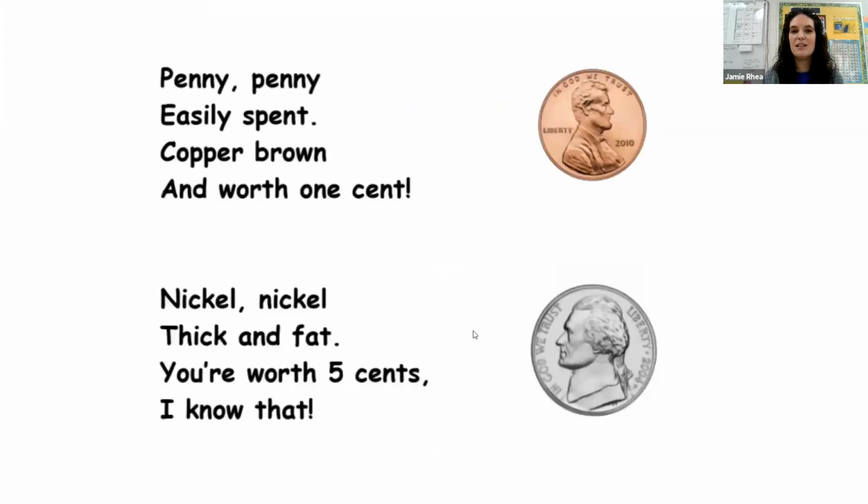And I've got little things here that will help us remember. Okay, so repeat after me. Penny, penny. Easily spent. Copper brown. And worth 1 cent. All right, let's do nickel. Nickel, nickel. Thick and fat. You're worth 5 cents.